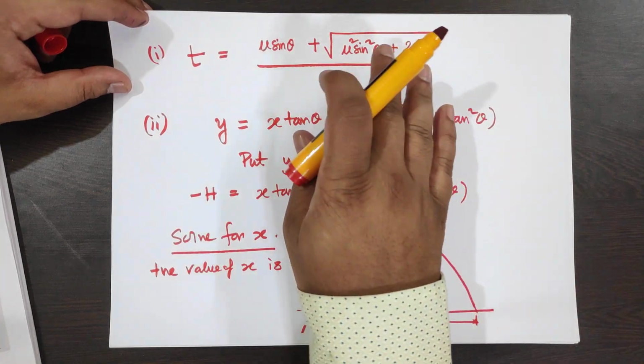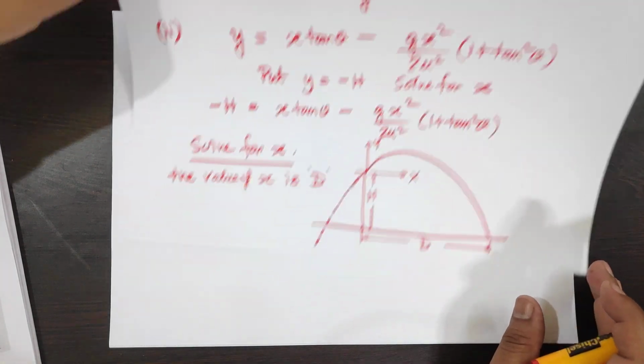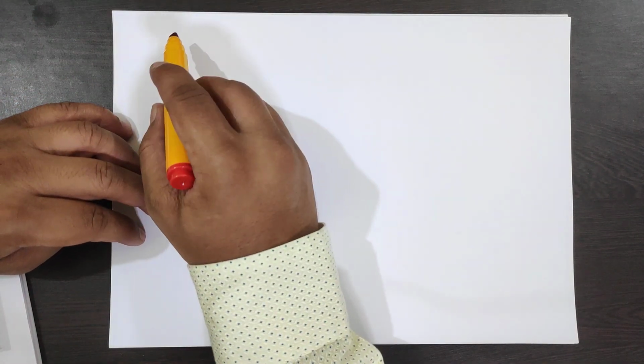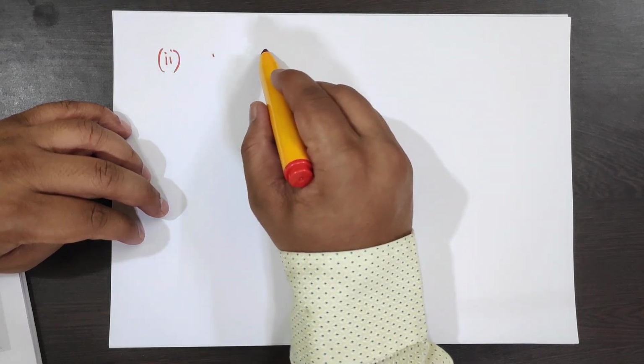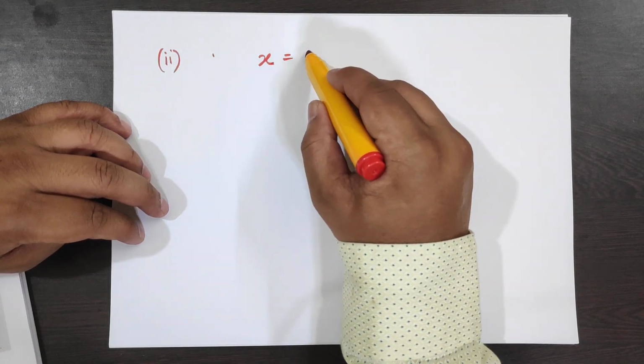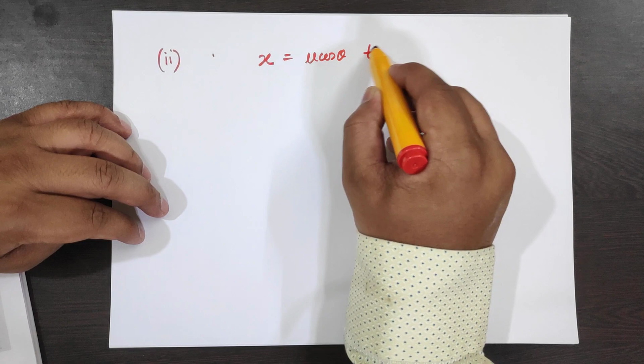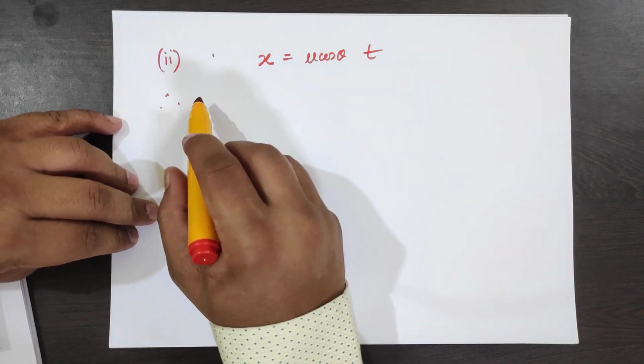Or else you can do one thing also, an easier way to find d. See, what about the x coordinate? The x coordinate becomes u cos theta into t, as we have found out t in part 1.